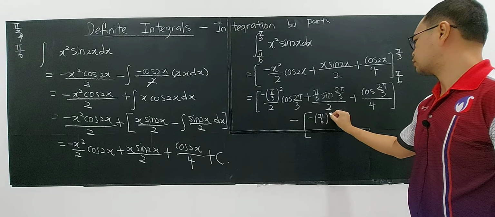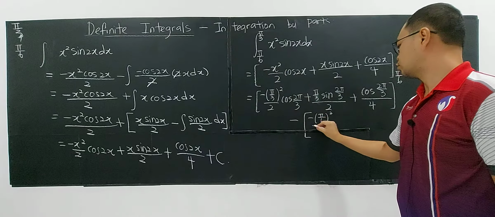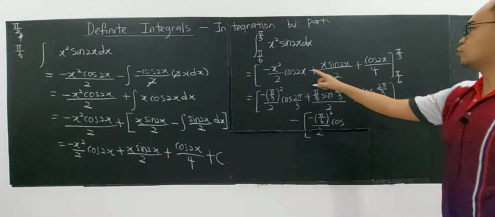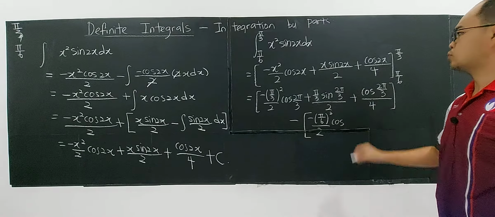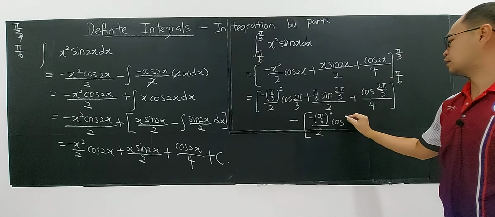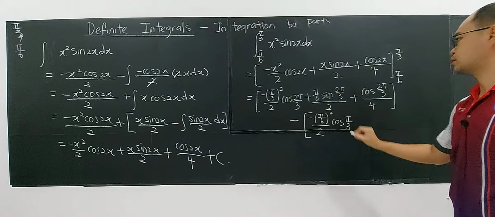Negative pi over 6 square over 2 with cos 2 pi over 6. 2 times pi over 6, you're getting pi over 3, right?